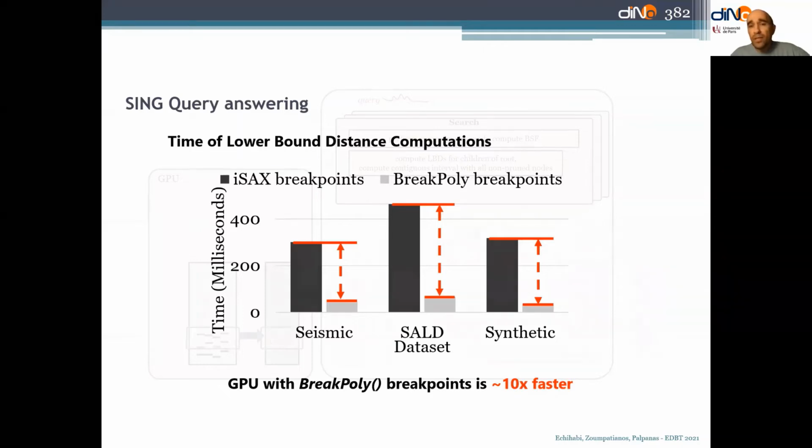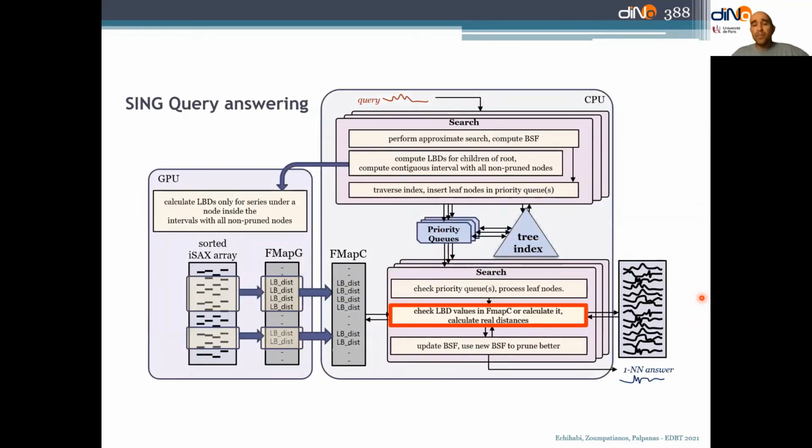The reason why this is so much faster is because when we use the breakpoint table, these tables have to be stored in the L1 cache of the GPU, which is not as fast as the registers of the streaming processors. So this is how SING basically works.